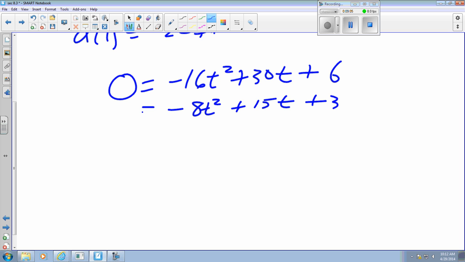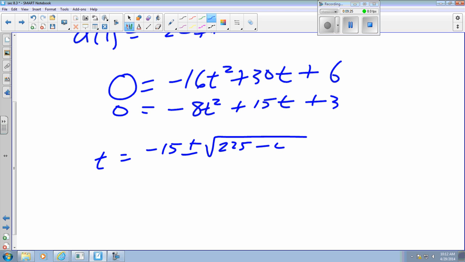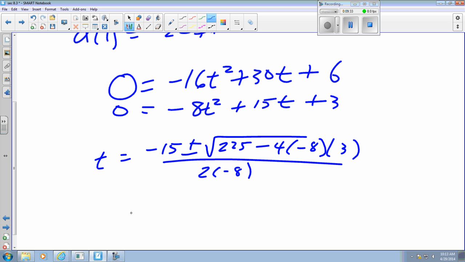So let's plug into the quadratic formula. Most of the time we're going to move these to the other side because we want the squared term to be positive, but we're going to leave it this way just to show you why. I get t equals negative 15 plus or minus the square root. 15 squared is 225 minus 4 times negative 8 times 3 all over 2 times negative 8.